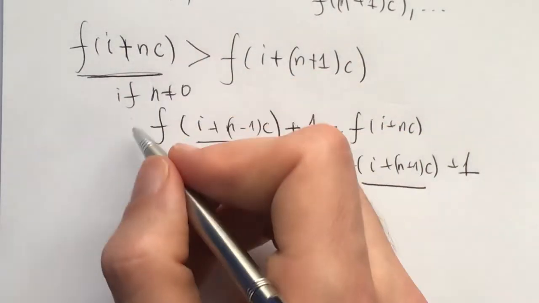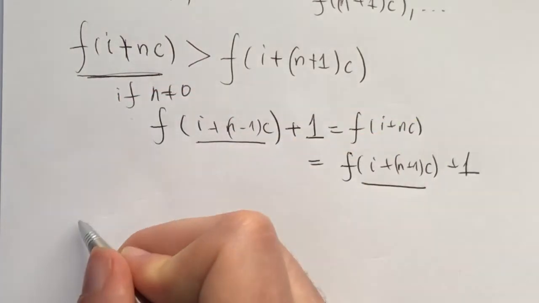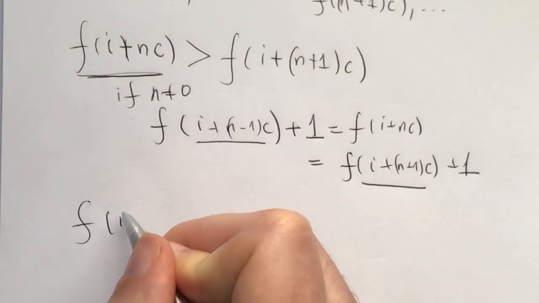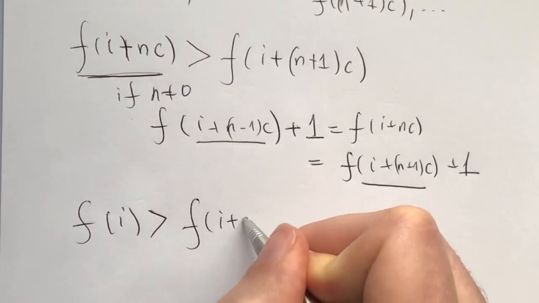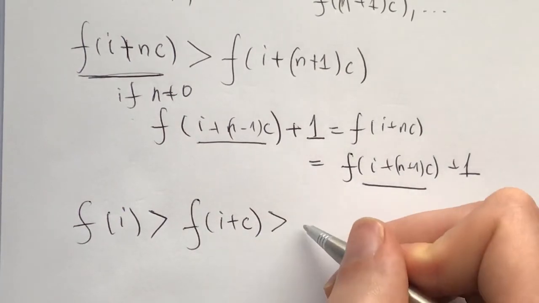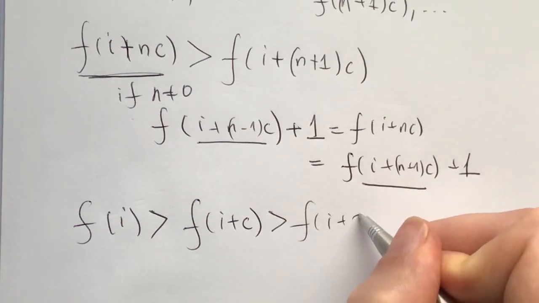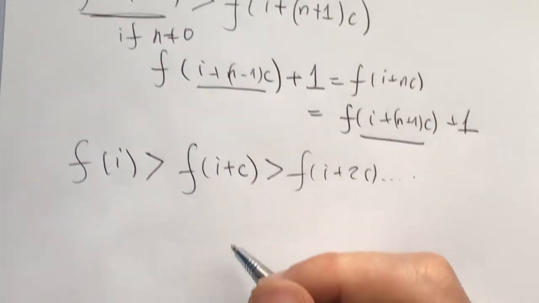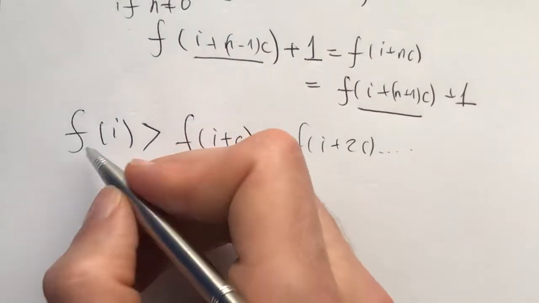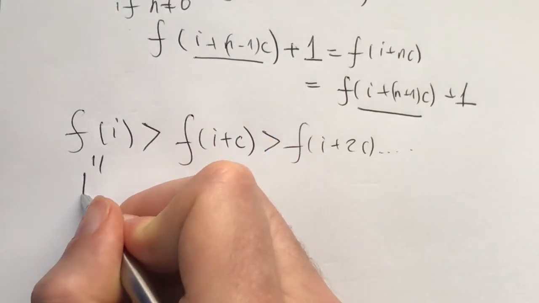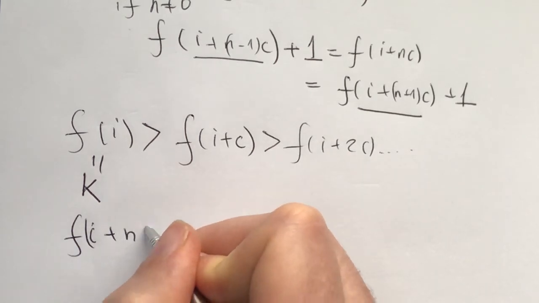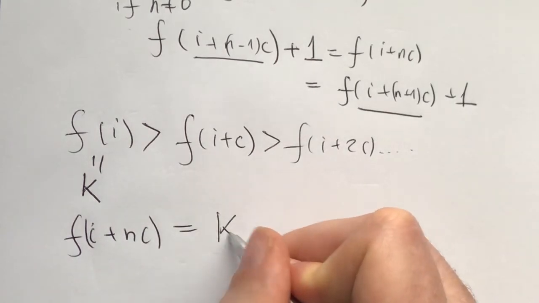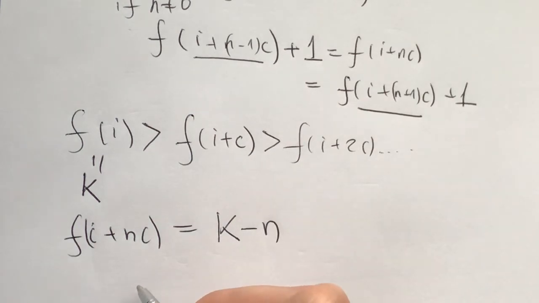So it must be the case, if it's not strictly increasing, that f of i must be greater than f of i plus c, and this in turn must be greater than f of i plus 2c, and so on. This is a strictly decreasing sequence. But if we make this k, then f of i plus nc is going to be k minus n. And if we just make n greater than k, we'll get a contradiction.